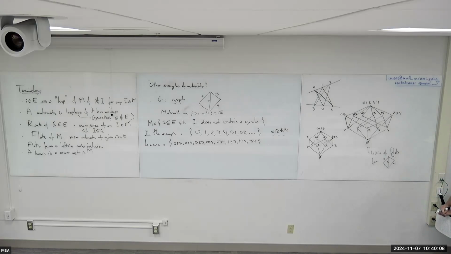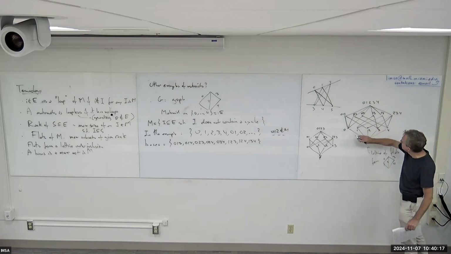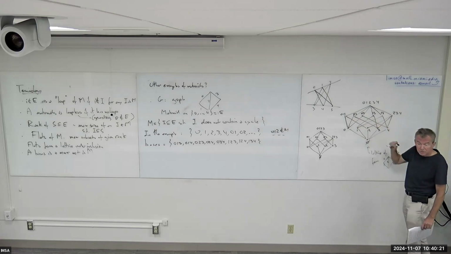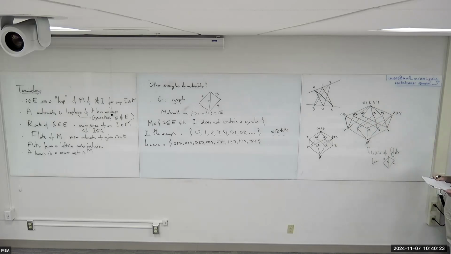Okay, are you going to trust me on this? All right, so you can see now I'm drawing the graph in this way. 0 is connected with 0, 1, 0, 2, 0, 1, 2, 0, 3, 0, 4, and so on.